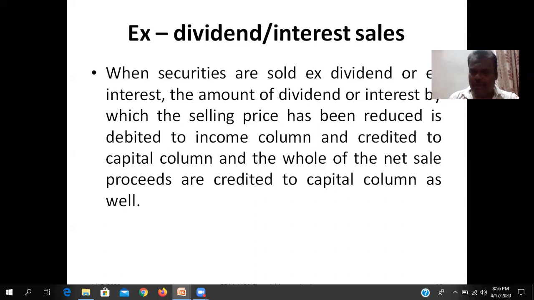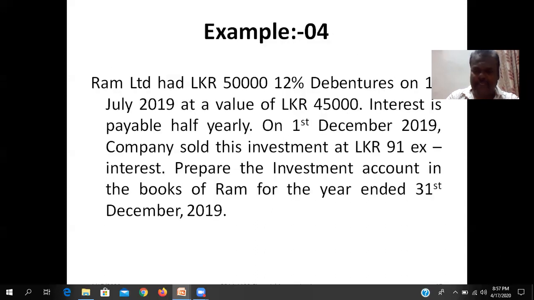The whole of the net sales proceeds are credited to the capital column as well. You know that if the investment is sold ex-interest, then we have to compute the interest for the post period. So that post period interest should be adjusted. For that, we have to make the entry. So we can clearly see the accounting entries with example number 4.